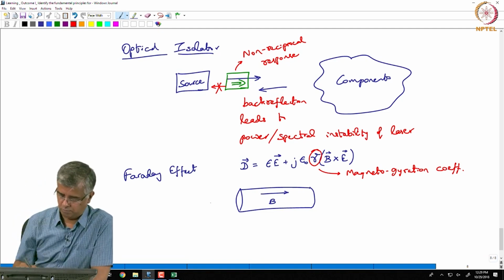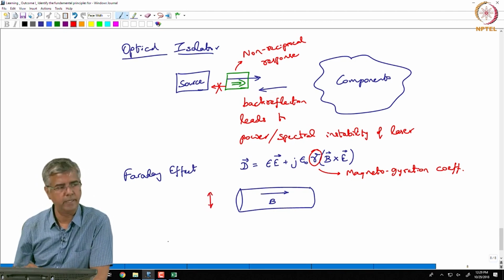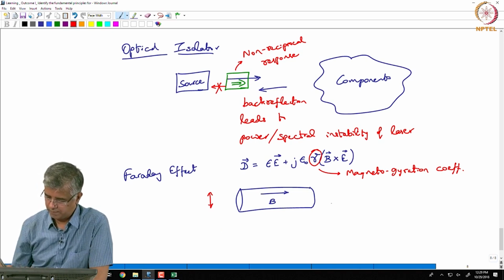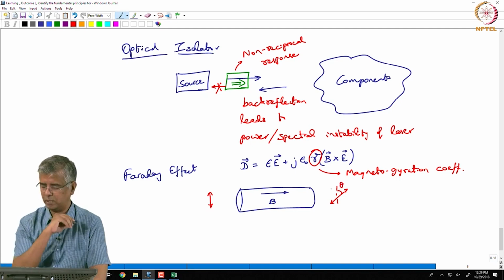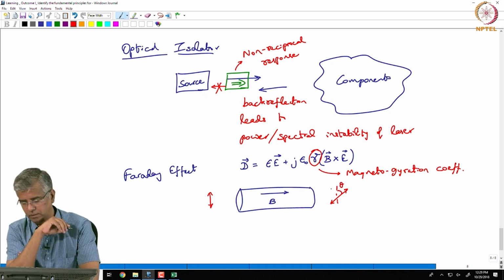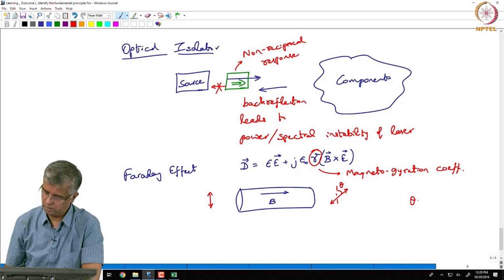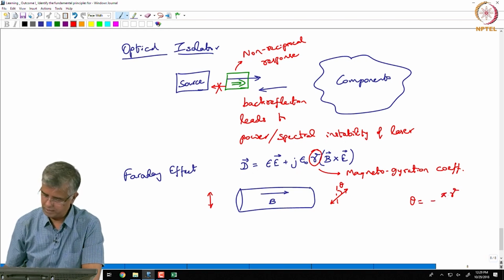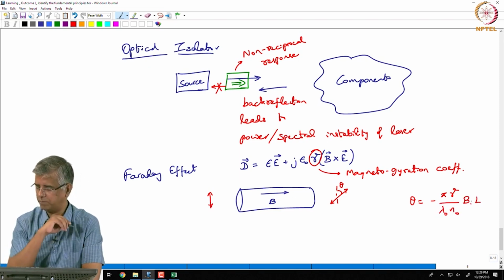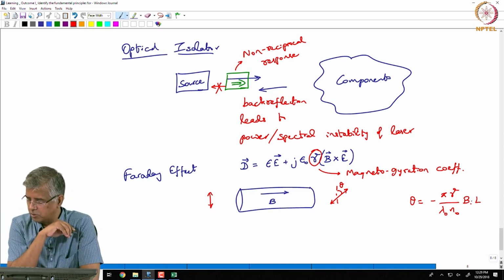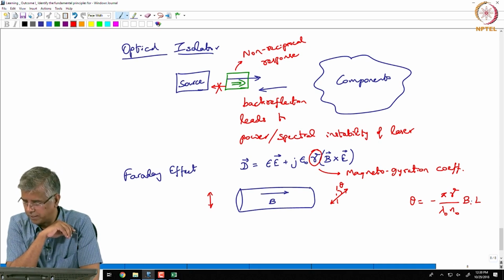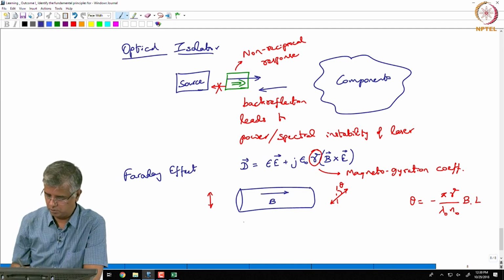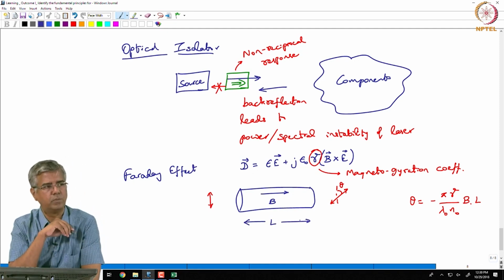Okay. In other words, if you have light polarization, let us say linear and going through this material, that polarization will be rotated by an angle theta, okay, where theta is given by minus pi times gamma over lambda naught n naught, B times L, where B corresponds to the magnitude of your magnetic flux density along the axis of this material, and L corresponds to the length of this material itself.